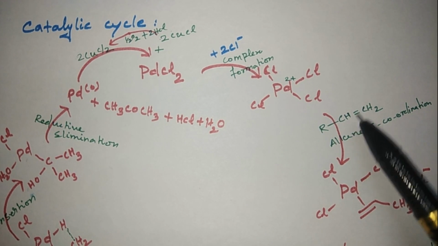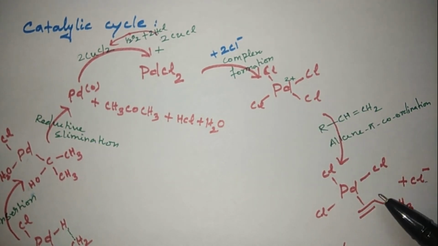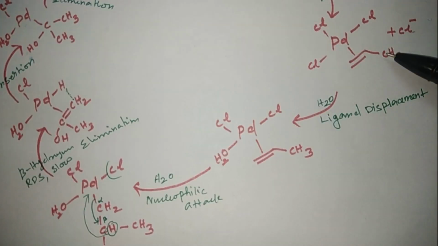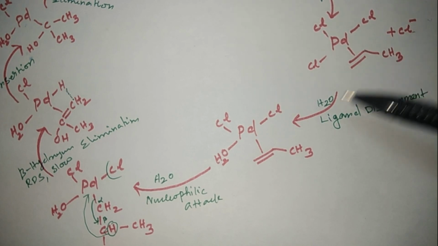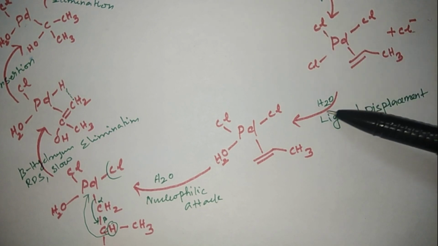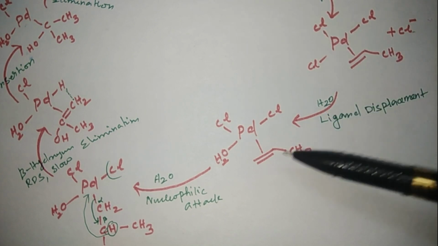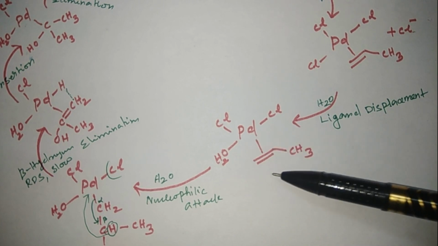Then addition of alkene, pi coordination takes place. We get an alkene pi coordinated complex. In this pi coordinated palladium complex, ligand displacement takes place. One of the Cl- ions is replaced by a water molecule. We get a hydrated palladium complex.